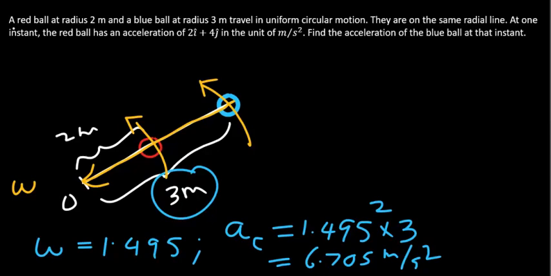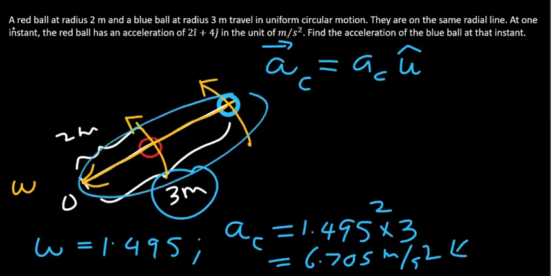Now, can we write the direction in i hat j hat notation? Well, sure we can. From vectors, we know that the vector for the centripetal acceleration equals the magnitude of that centripetal acceleration, which we have determined, times the unit vector along the direction of that centripetal acceleration.